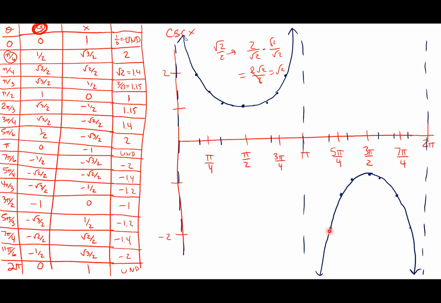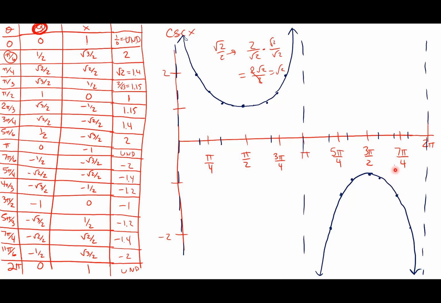So -2. At 5 pi over 4, it's -1.4. 4 pi over 3 gets you a -1.2. 3 pi over 2 gets you a -1. And then at 5 pi over 3, make a little small tick mark here, -1.2.